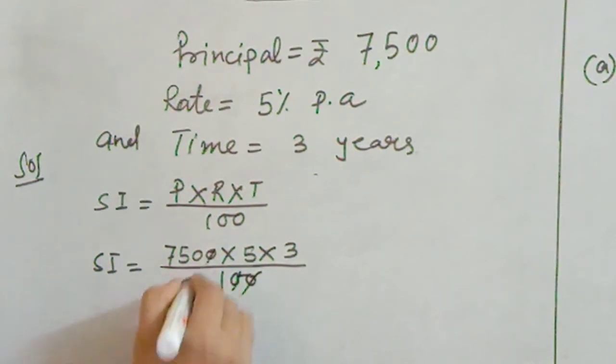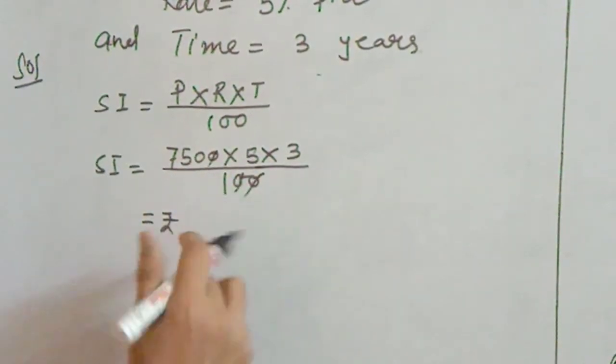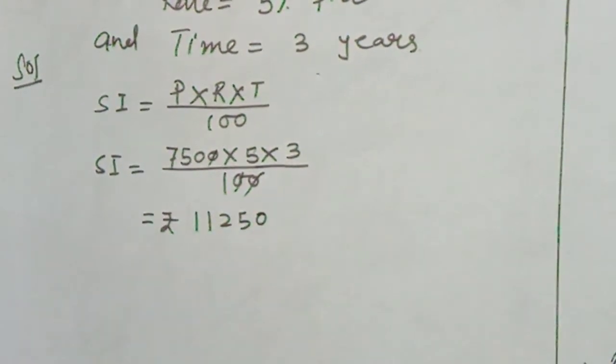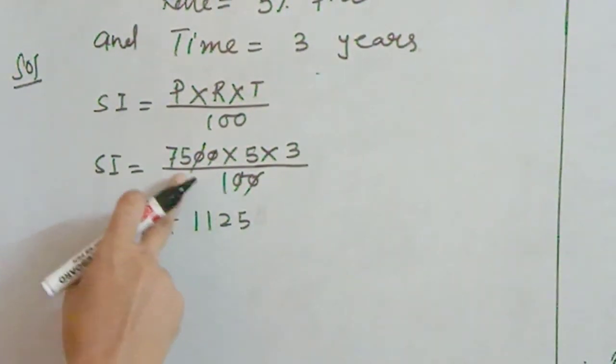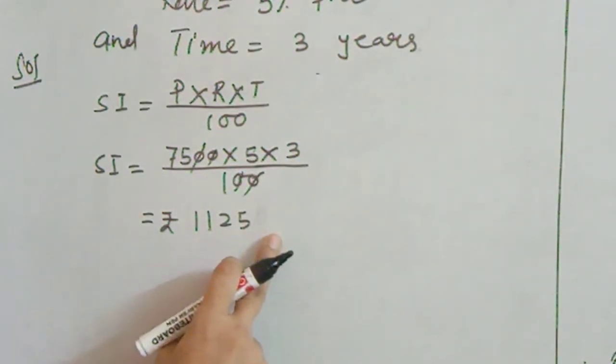If you cancel these two zeros, you will get 75 into 5 into 3, which is 1125. This is the simple interest.